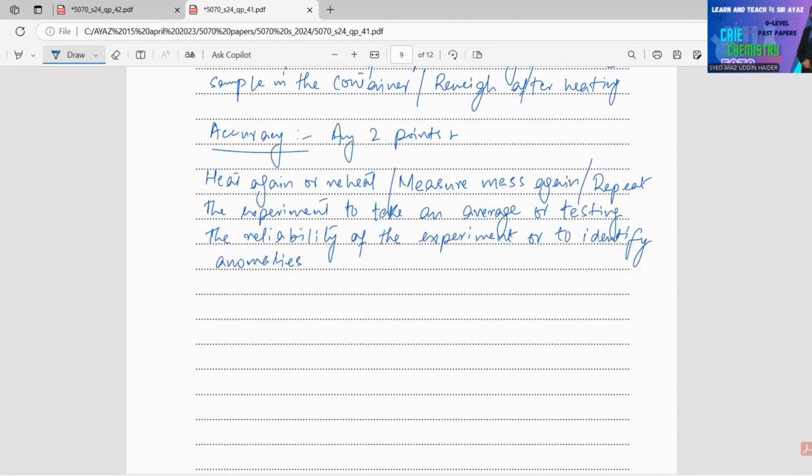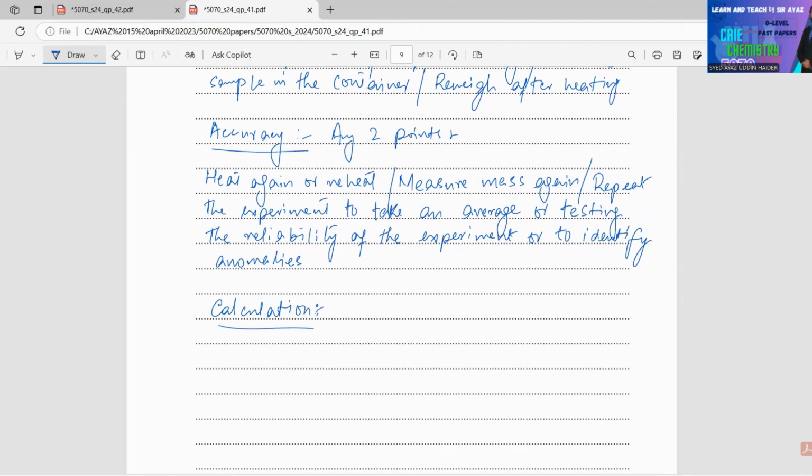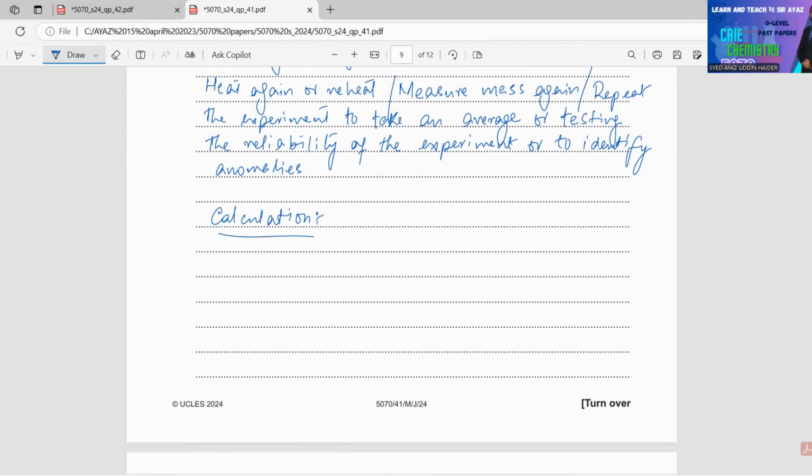Last thing, calculation. Remember, write the calculation. This will give a very good impression. You will gain the full mark for this. How you're going to do the calculation? You will subtract the final mass from the initial mass.